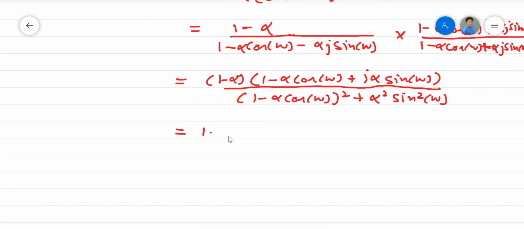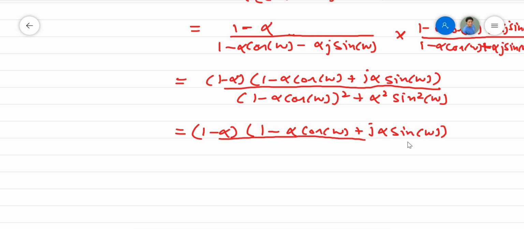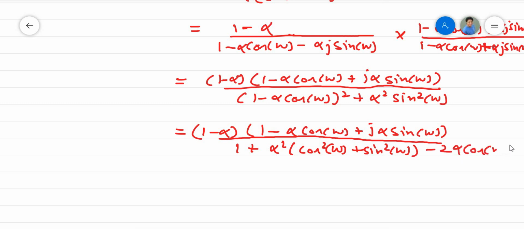Right? So it is 1 plus alpha square cos square omega plus sine square omega minus 2 alpha cos omega.